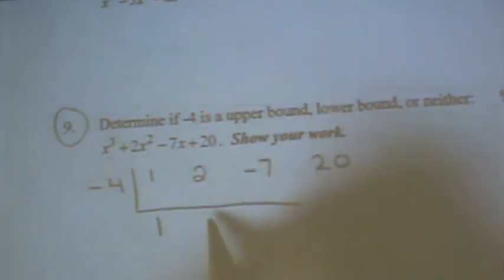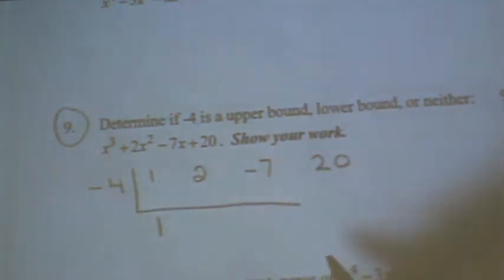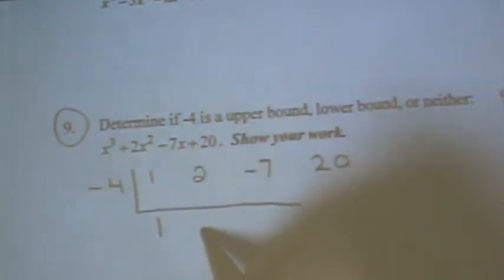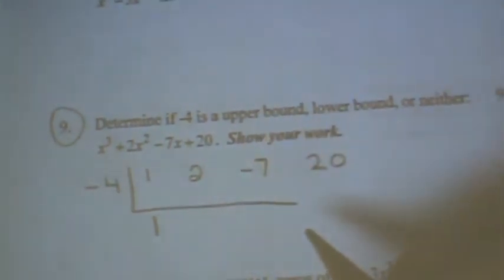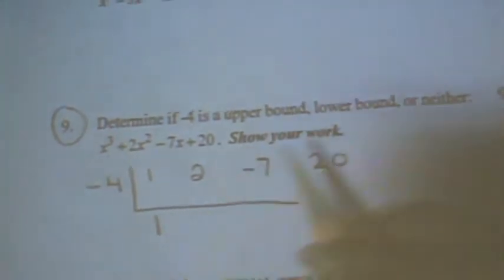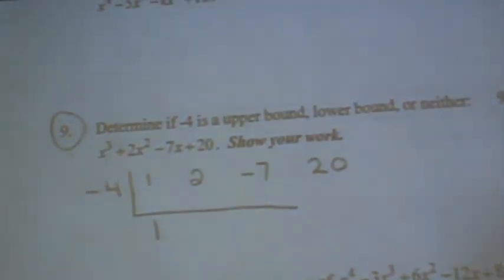If you get a checkerboard opposite, plus and minus with a negative, then it's a lower bound. So if you're testing a negative number and you get positive, negative, it's a lower bound. That number's too small, try something larger.